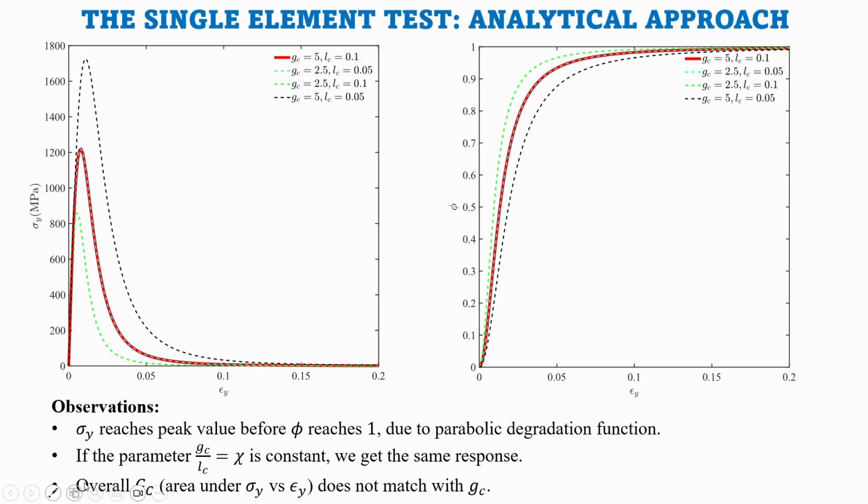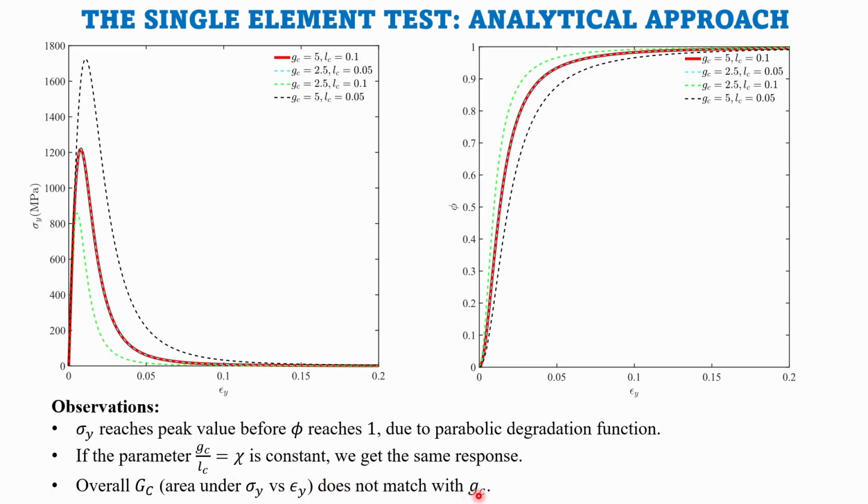Again, the overall GC, we express it as the area under sigma y versus epsilon y. So it is this shaded area. It should be toughness, but again, it is a qualitative estimation of the overall fracture strength of the material. So we consider it as proportional to the overall GC.